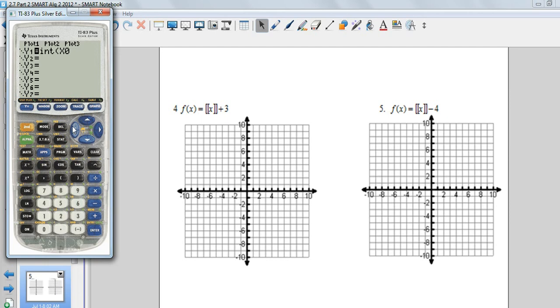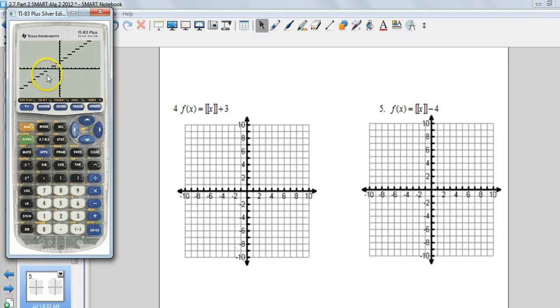Let's close our parenthesis there. And then the plus 3 needs to go on the outside. So we're going to see a very similar graph to what we just looked at. It does seem to be shifted up 3 to some of you, and some of you might think it was shifted left 3. However you want to think of that, you're correct.